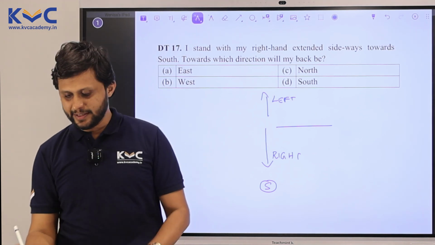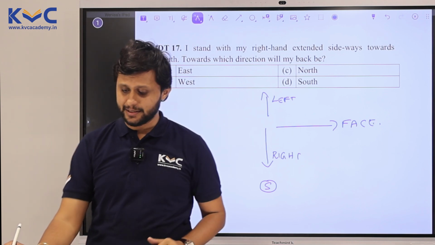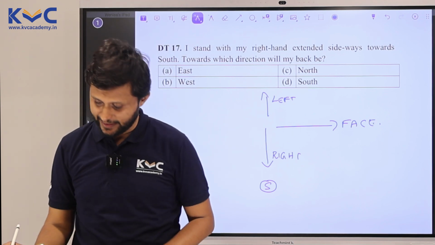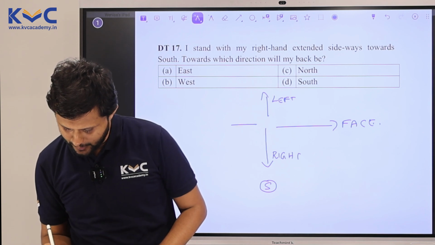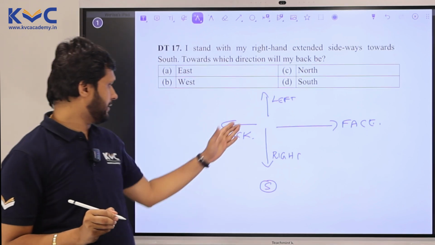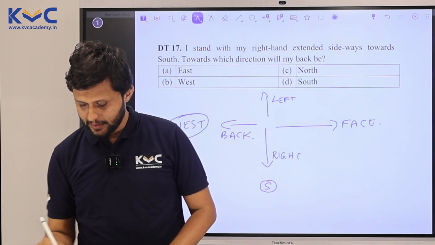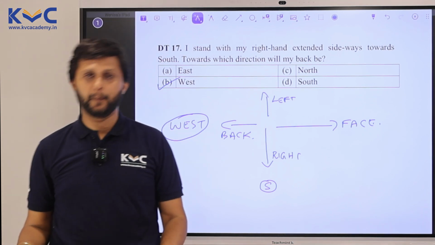Correct? So where is my face? This is my face. But that's not what they have asked. They have asked which side is your back facing. This is your back, right? Okay, and that is which side? Back is towards your west. West is there in option B.